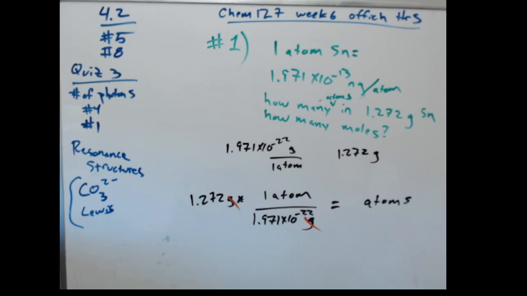So we expect our numbers to be pretty big. Now that I'm expecting something pretty big, I'll plug this into my calculator and see how big it is. 1.272 divided by 1.971 times 10 to the minus 22 gives 6.4 times 10 to the 21 atoms. Huge number of them.